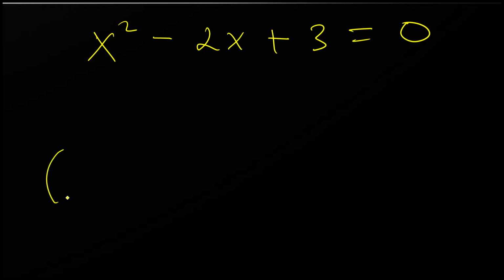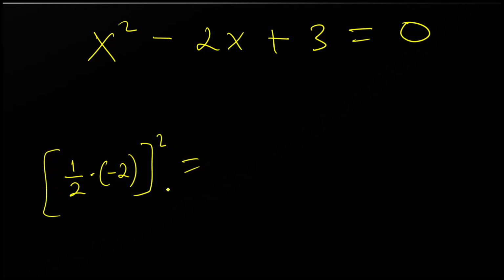The next thing is to take half of the coefficient of x, all squared. So we have x squared minus 2x, let's send this one there, minus 3.